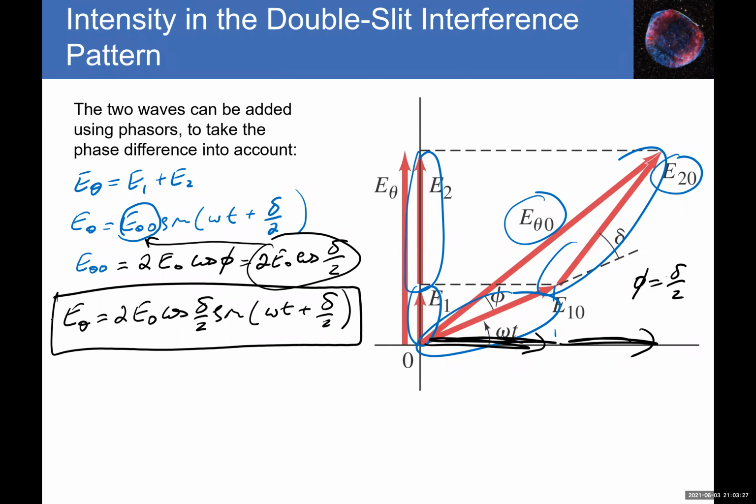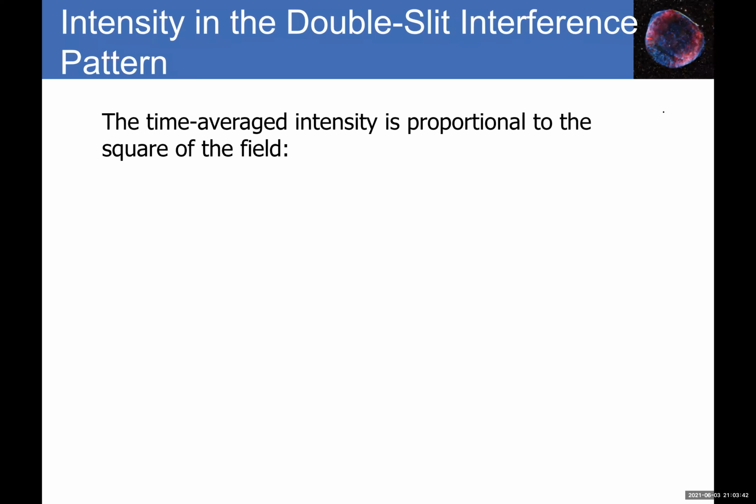Now, we also would like to get the equation for the intensity. So for the intensity, I can write the intensity ratio. Since intensity is proportional to the electric field squared, I can say the intensity as a function of theta divided by its amplitude equals E theta 0 squared divided by 2E naught squared. So this basically will be equal to cosine squared delta over 2.